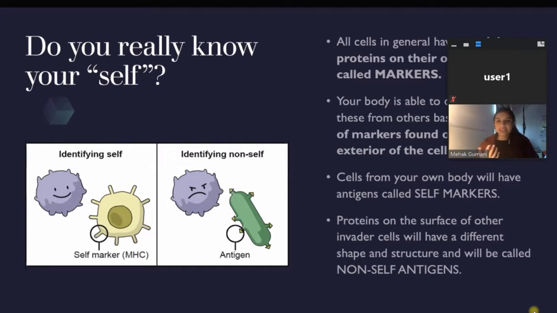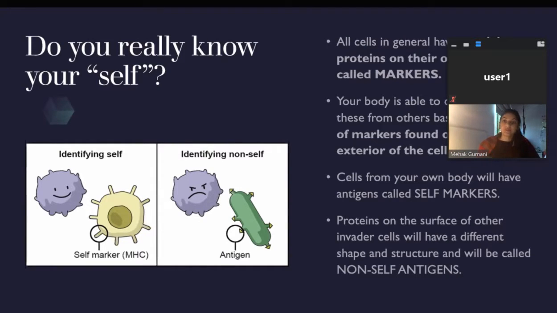I'm not sure if you've heard of the concept of receptors, but it's very similar to a lock and key mechanism. Your body tries to see if the key on the surface of the invading pathogen matches the lock you have. We have special receptors on the surface of our cells, and these line up with the proteins present on the outside of other cells. If they match, that means it's a cell from our own body.